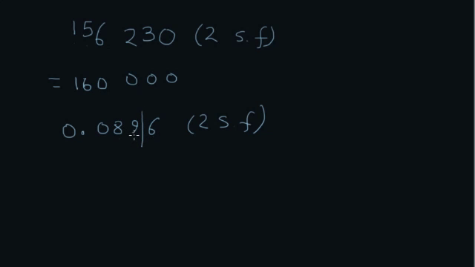The 6 is going to round this up, so you're going to end up with 0.090. So that's two significant figures. Because we've rounded it up and it's now a 0, we still keep it included because we're doing it to two significant figures.